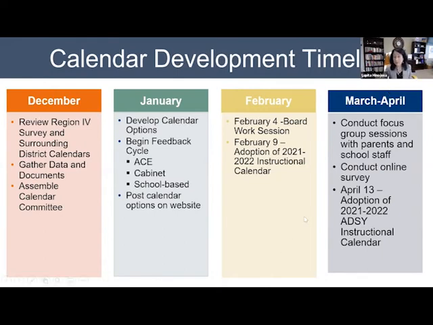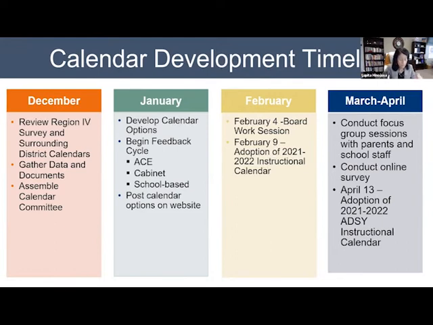And we finally adopted our calendar on April 13th. Our board has been receiving updates on our project all along, and we were ready by the last update that we gave them at our April meeting to then adopt their calendar.